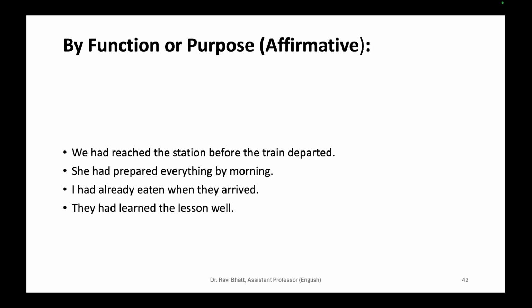And then we have this category of affirmative sentences. Okay. So affirmative sentences like this: we had reached the station before the train departed, or she had prepared everything by morning, or I had already eaten when they arrived, or they had learned the lesson well. These are all positive statements, affirmative statements, affirming something.